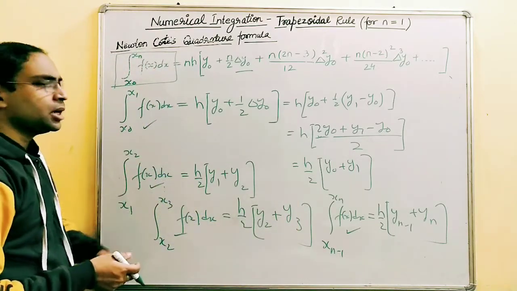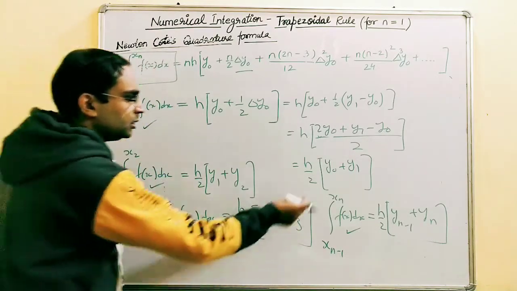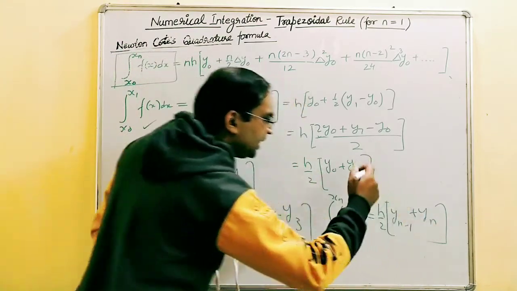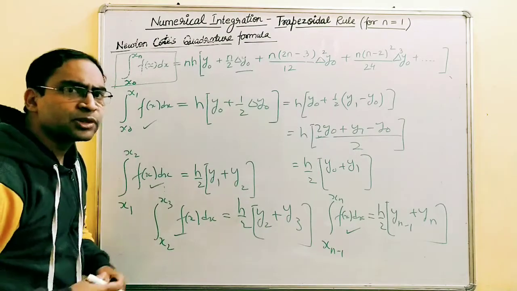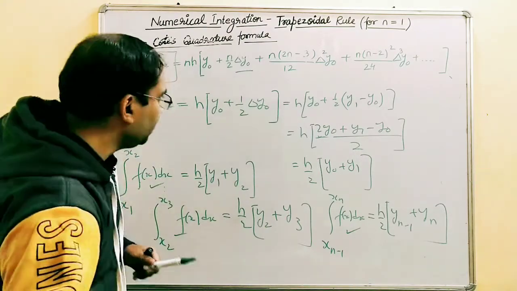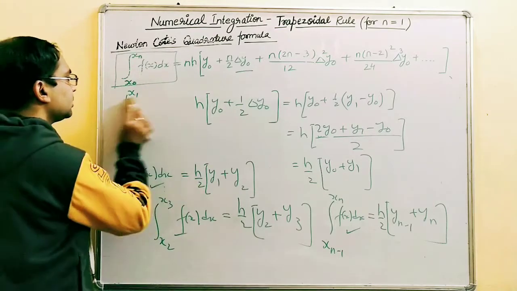So all these terms are coming twice. The first term y0 and the last term yn are the only two terms which come once. So let me write this.